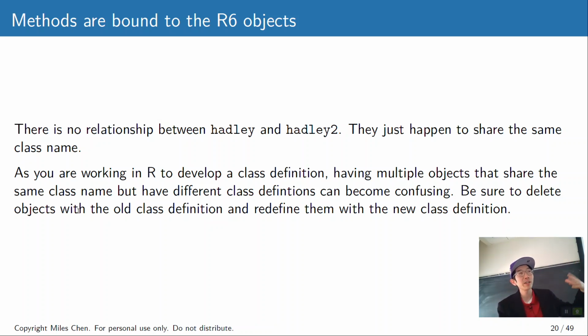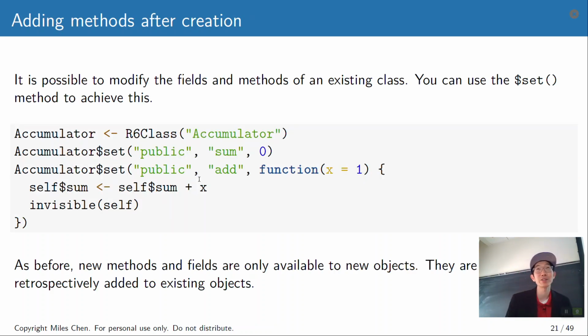Anytime you redefine, anytime you add something to your R6 class, delete the old object and create a new instance of that object using the new definition. Otherwise, you're going to run into frustration of, why is my thing not doing what it should? It's probably operating under the old definition. Okay.